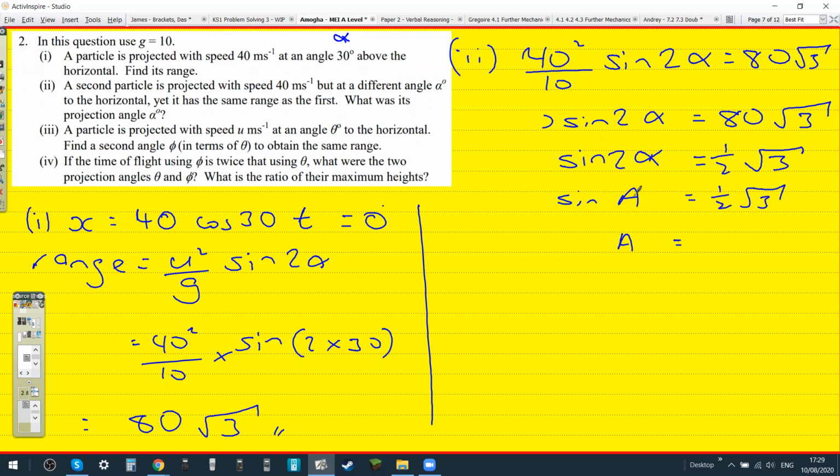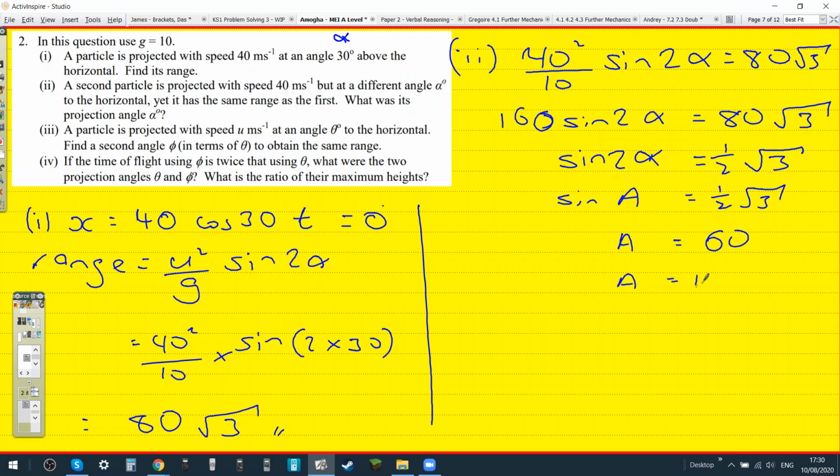So sine A is a half root 3. What is A? 60. So A is 60. Second answer for sine? 120.